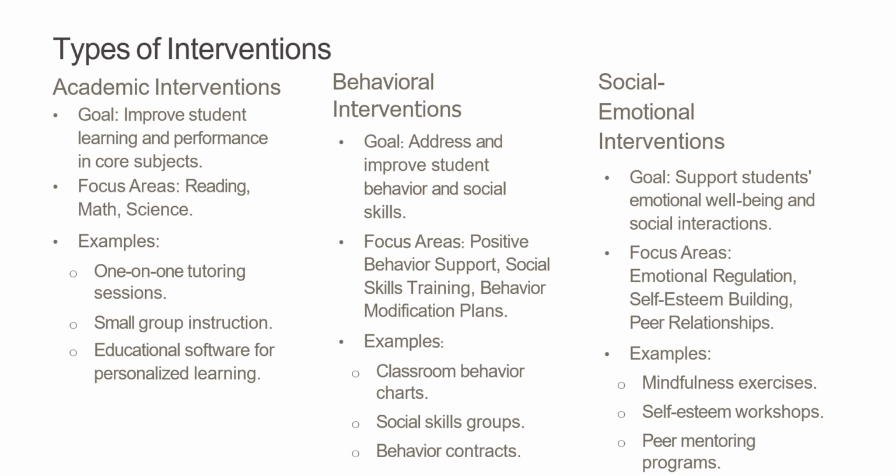Through mindfulness exercises, self-esteem workshops, and peer mentoring programs, social emotional interventions emphasize emotional regulation, self-esteem building, and peer relationships. These comprehensive approaches create a supportive and effective learning environment for all students.